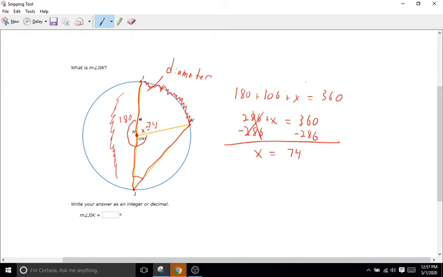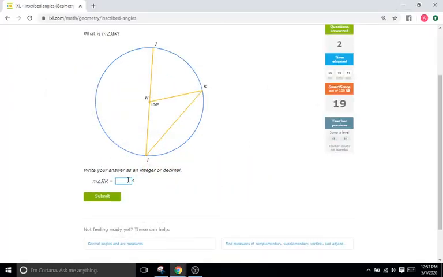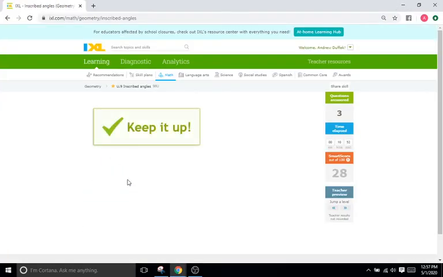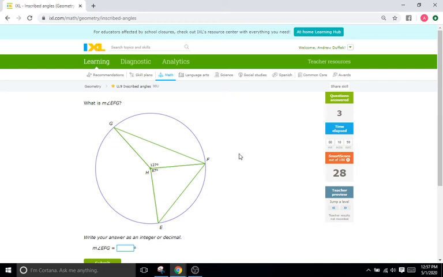So is this going to do the same? Yes, it is. It's also a central angle, and that means this arc right here is going to be 74 degrees. Okay? So if this arc right here is 74 degrees, what is half of 74? That's just going to be 37. Go down here, 37. And that's going to be the correct answer.